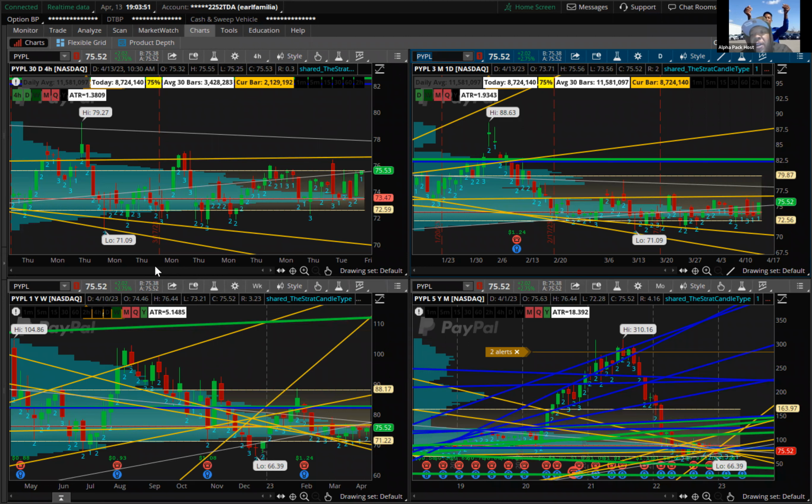For example, right here today, I see this double inside day. If we were to break out of this chop, we would need something like a double inside day to give us the volatility and strength we need to get above that broadening formation range, that BF level there.